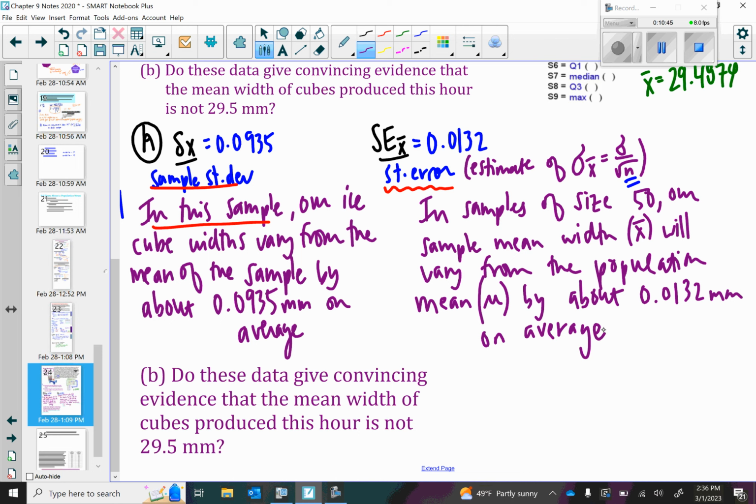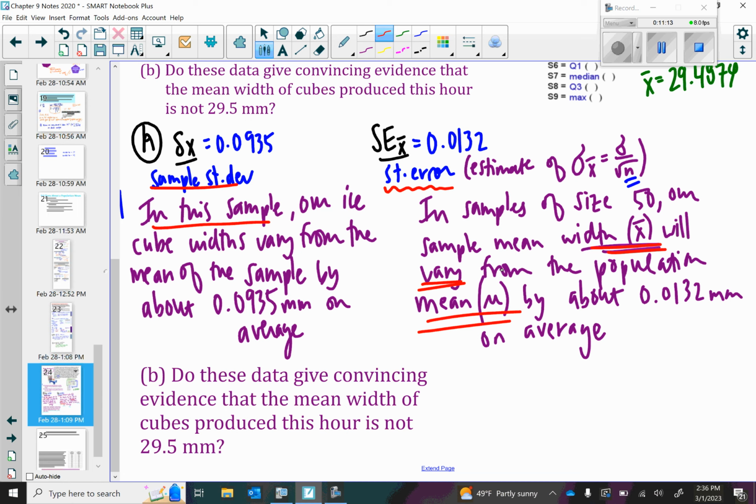Again, a very similar thing to what we were just talking about. It's saying how something varies from something else. That's what a standard deviation is. It's a difference from something, but it's just a question of difference of what. So in the sample standard deviation, we're comparing all the individual cubes in the sample to each other.